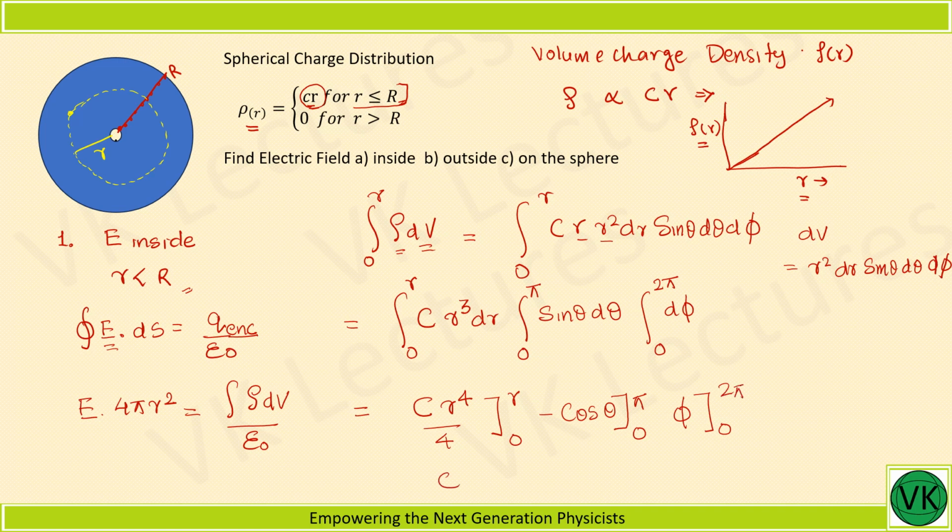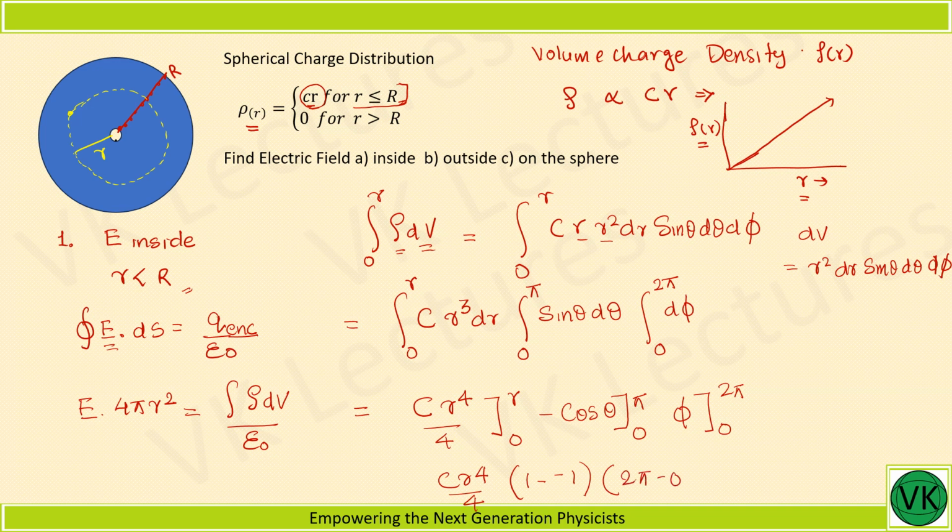This becomes c r to the power 4 by 4, minus cos theta with the lower limit first: cos 0 is 1, cos pi is minus 1, so 1 minus minus 1 is 2, into 2 pi minus 0.